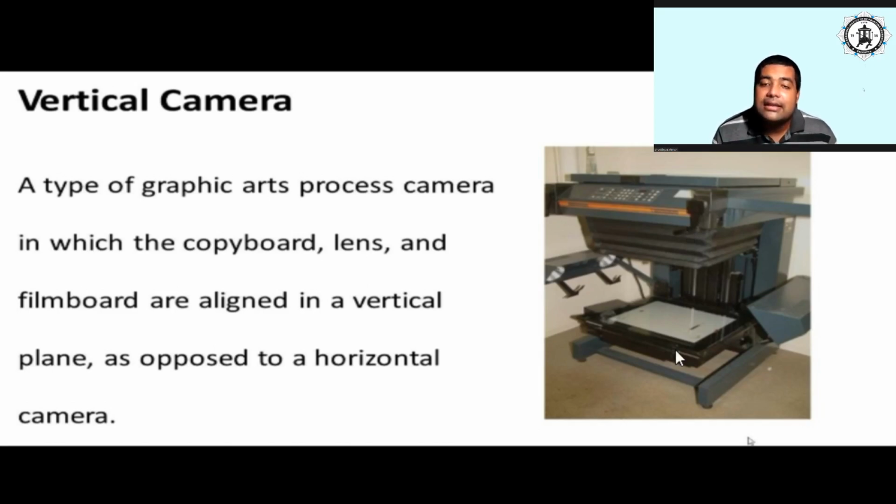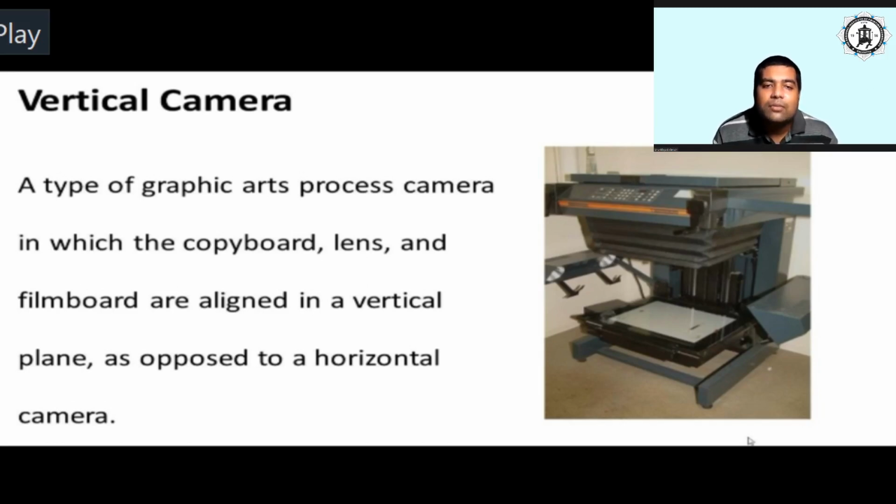They are arranged vertically on top of one another. That is why this type of camera system is known as the vertical process camera. Like in the earlier case, where the components were placed horizontally with respect to each other, here they are placed vertically on top of each other.